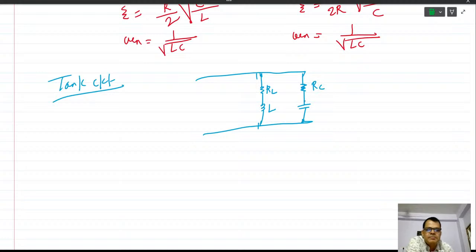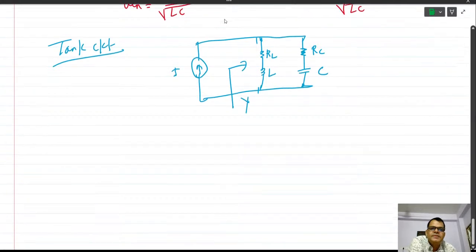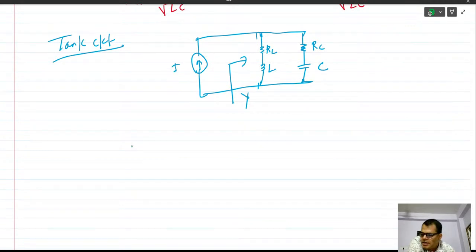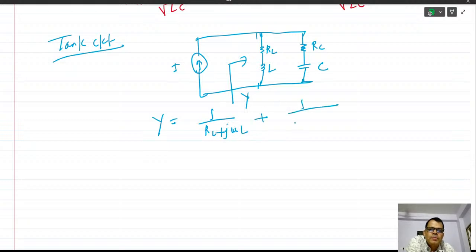The loss of the capacitor is represented by a series RC, driven by a current source or voltage source, not an issue. Let us find Y. If this circuit is at resonance, the imaginary part of Y must be 0. So Y is equal to 1 upon (RL plus j omega L) plus 1 upon (RC plus 1 upon j omega C).